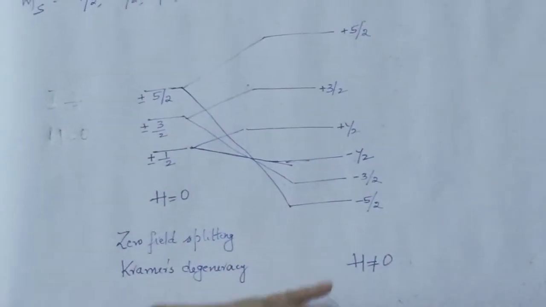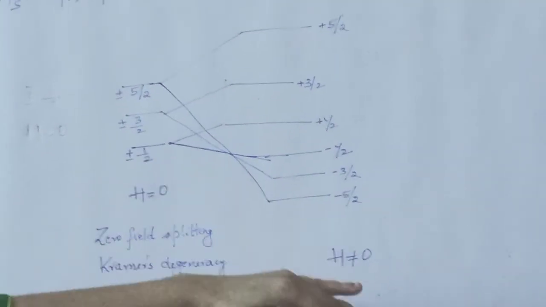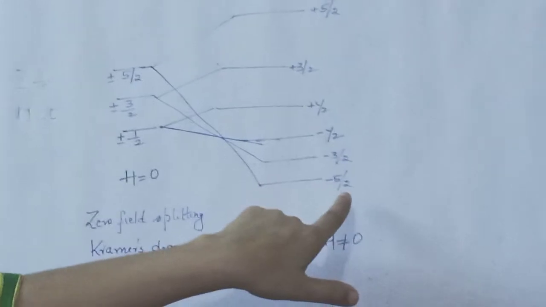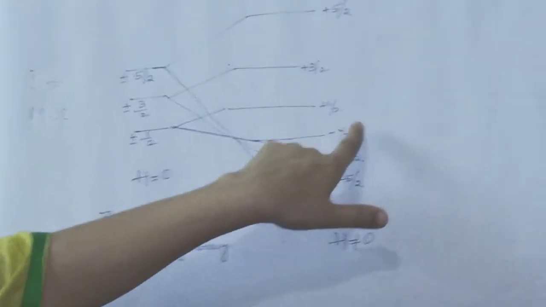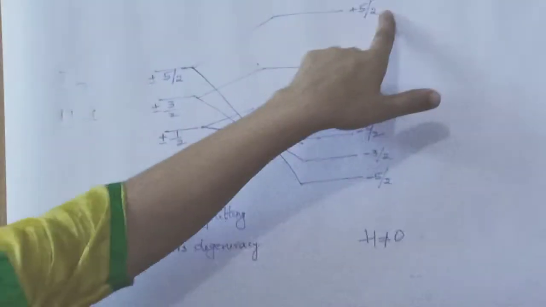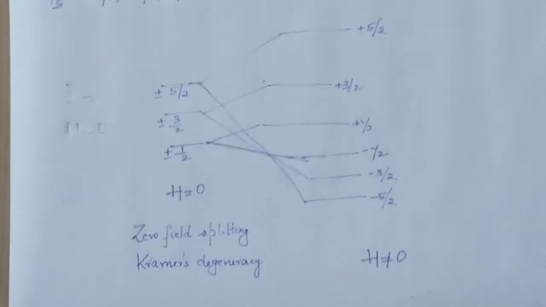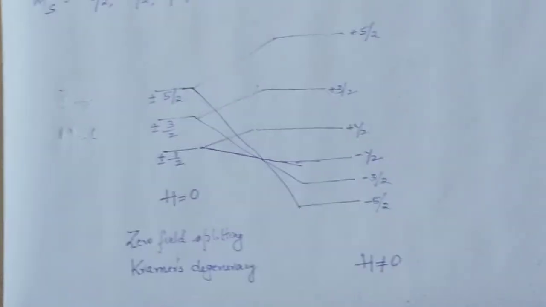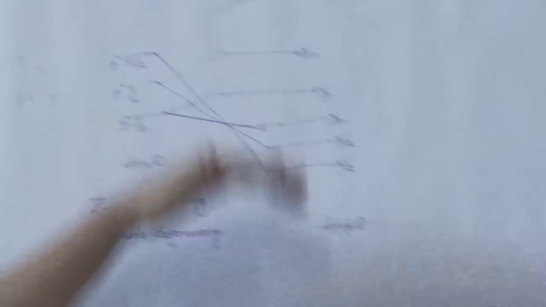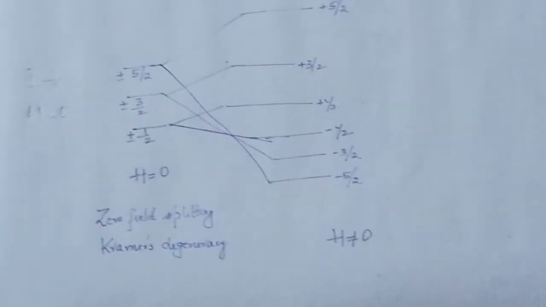So you can see that different spin states now have different energy levels: minus 5/2, minus 3/2, minus 1/2, plus 1/2, plus 3/2, plus 5/2. 6 different energy levels with 6 different spin states.